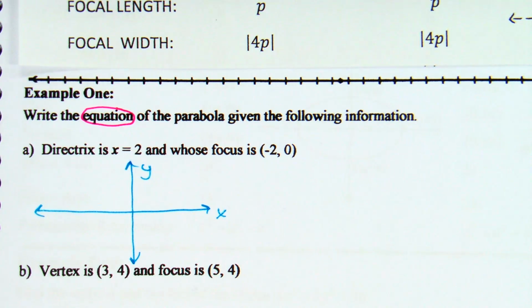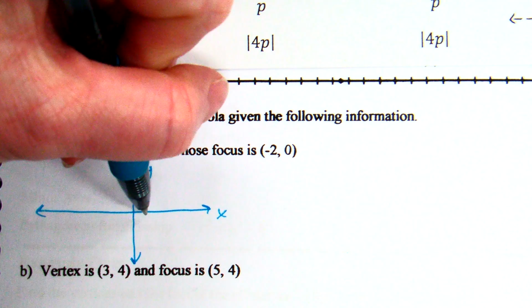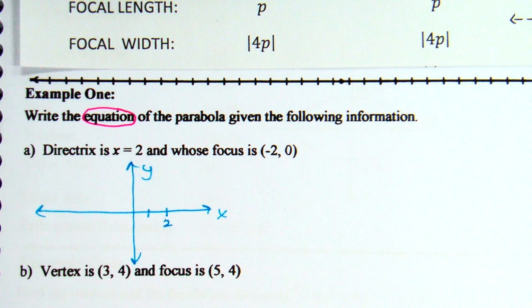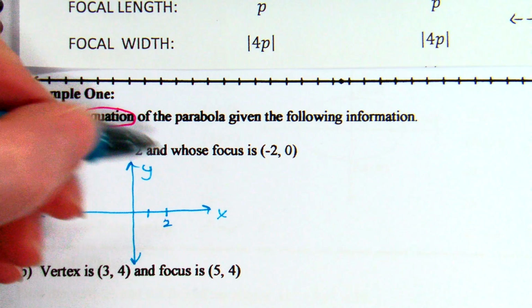What is the directrix? It's a what? Is it a point? It's a line, right? So what does the line x equals 2 look like? You go to 2 on the x-axis and draw a vertical line.